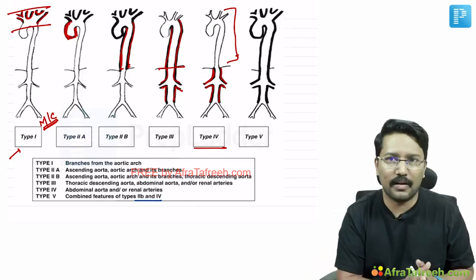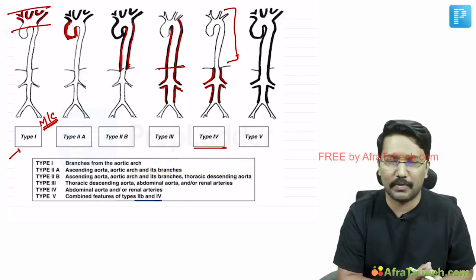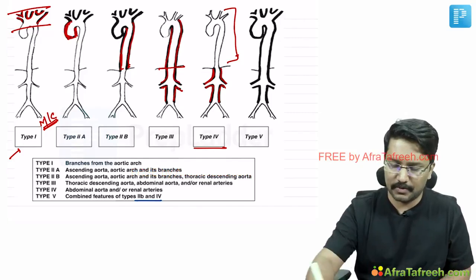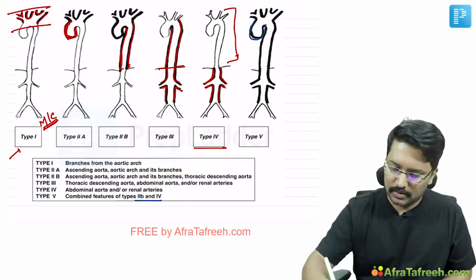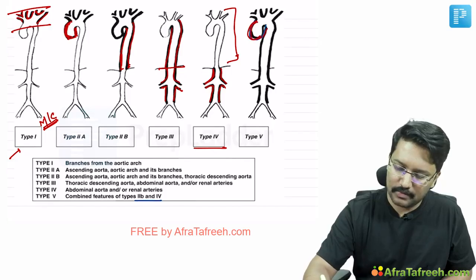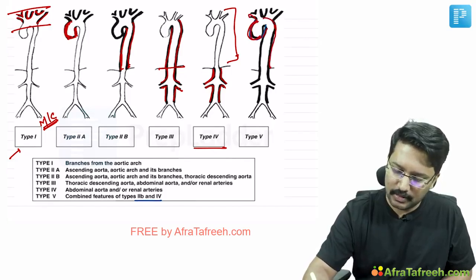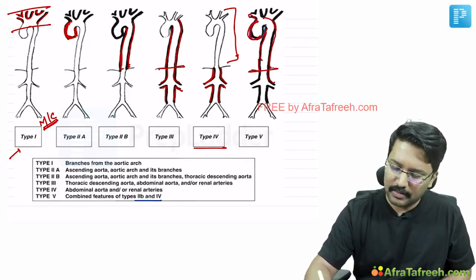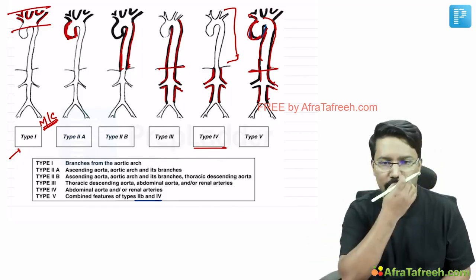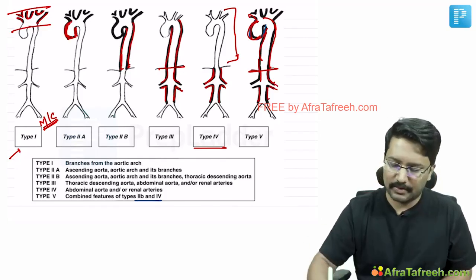Whether only the renal artery or only the abdominal aorta is affected, it's still considered type 5, right? So this is type 5. In type 5, the arch is involved, ascending is involved, descending thoracic is involved, and when it comes to the abdominal component, the abdominal aorta or renal artery or both can be affected. So that is what is known as type 5.